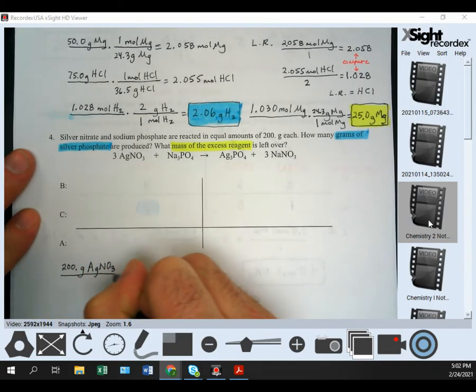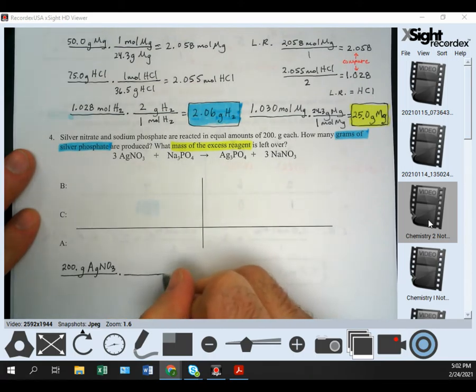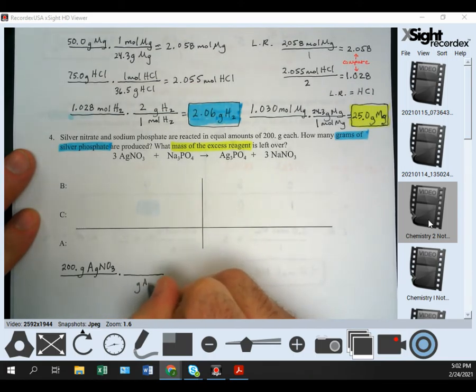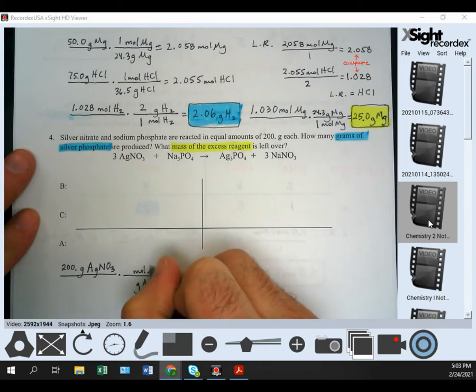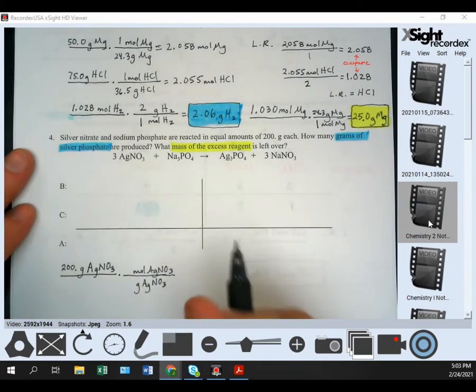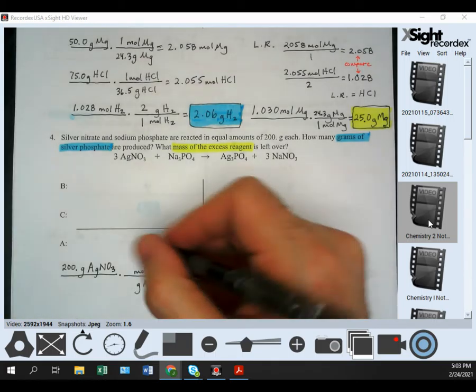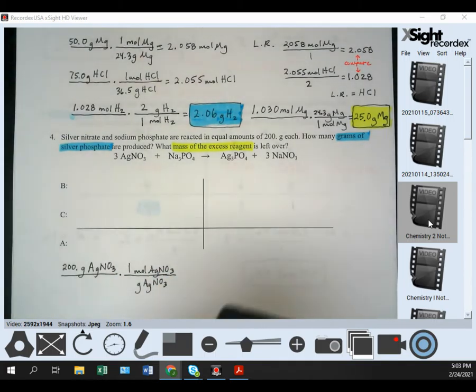And I'm going to turn grams of AgNO3 into moles of AgNO3. Okay. Moles to grams, again, 1 for the mole. The gram, silver.